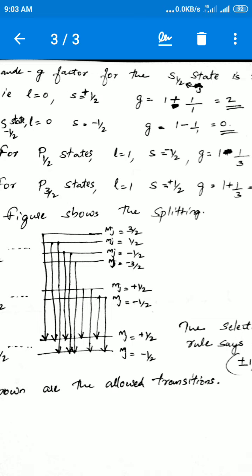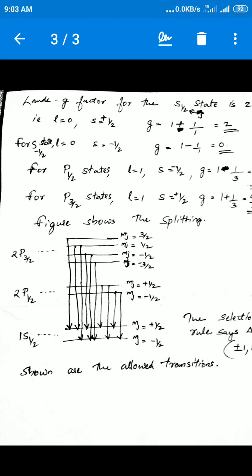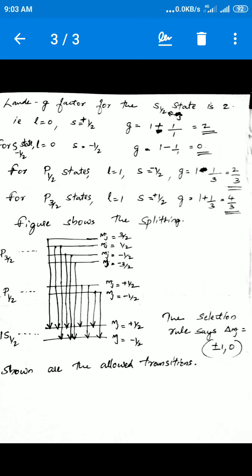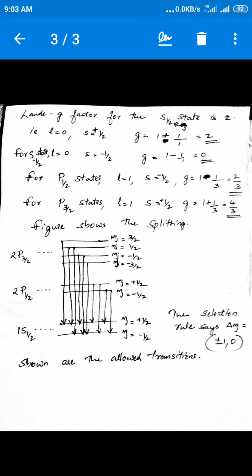After drawing, I have shown the values of Mj for each state, and we have also shown the transitions. The allowed transitions follow the selection rule, which is delta Mj equal to plus or minus 1 and 0. So you can see here the allowed transitions, which are delta Mj either 1, minus 1 or 0. These are the allowed transitions for the Zeeman effect.